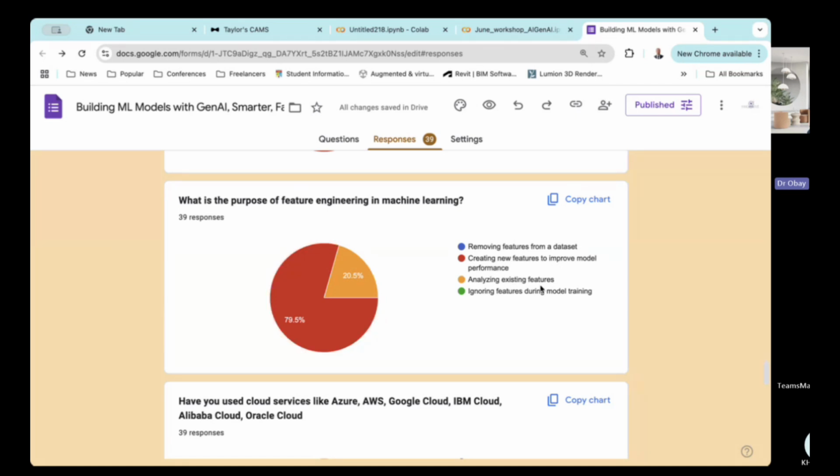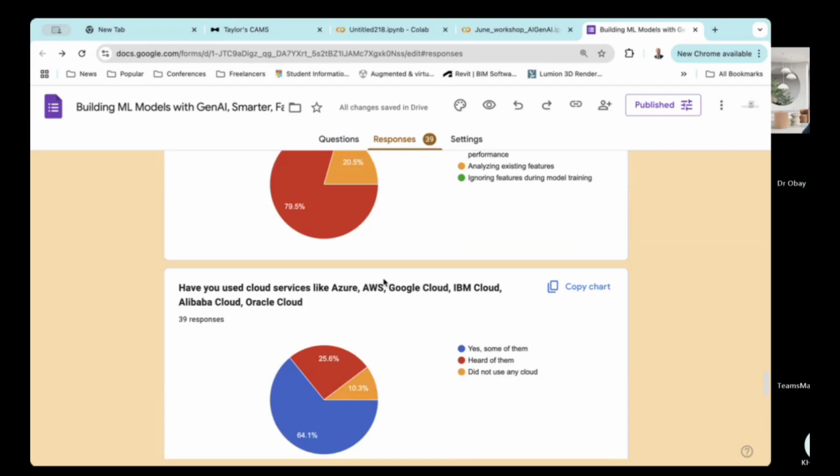Analyzing existing features, yes. Ignoring features during model training is something more likely to be feature selection than feature engineering. Some of the books say feature selection is considered a part of feature engineering, which is okay, all right. That's the most important thing, to understand the steps.